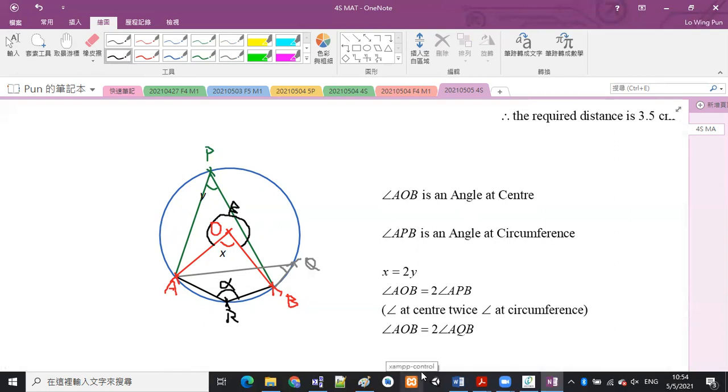Because they are both looking at the same arc, and one of them is angle at center and the other is angle at circumference, they will also have the double relationship.